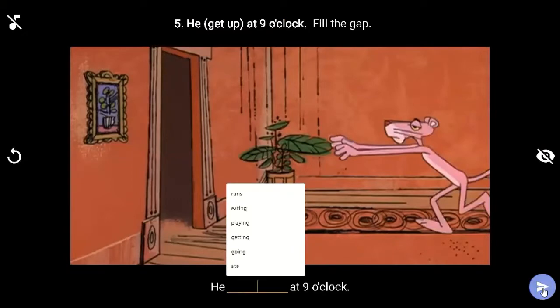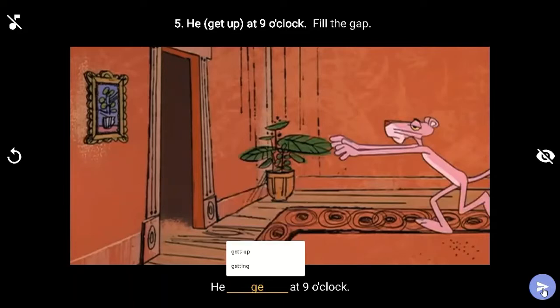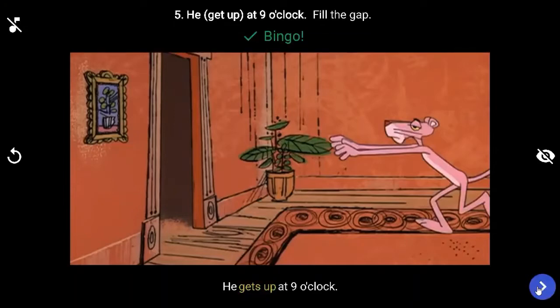And here, he get up at 9 o'clock. Yes, gets up. Great job. Okay, great job, my dear students.